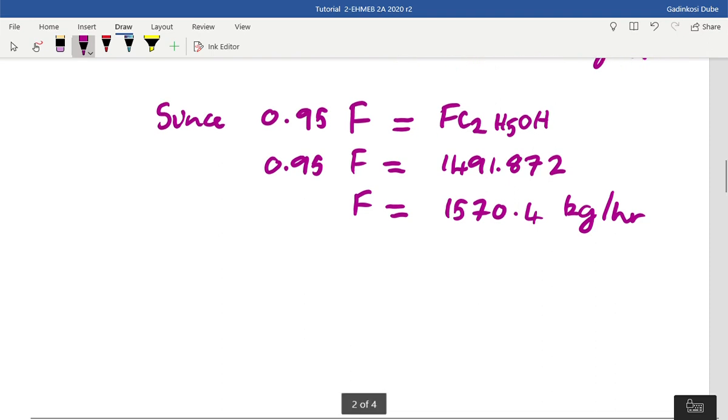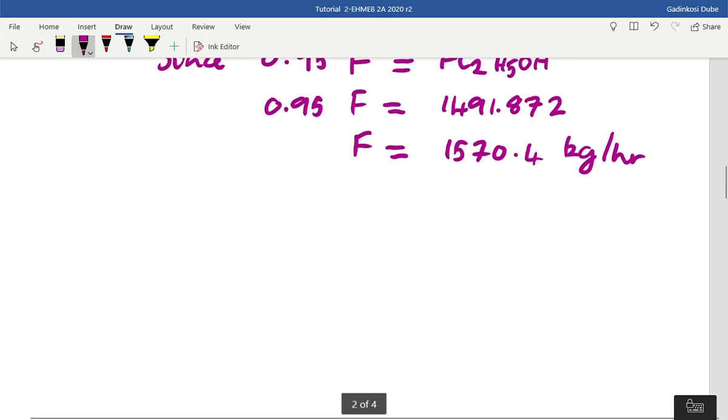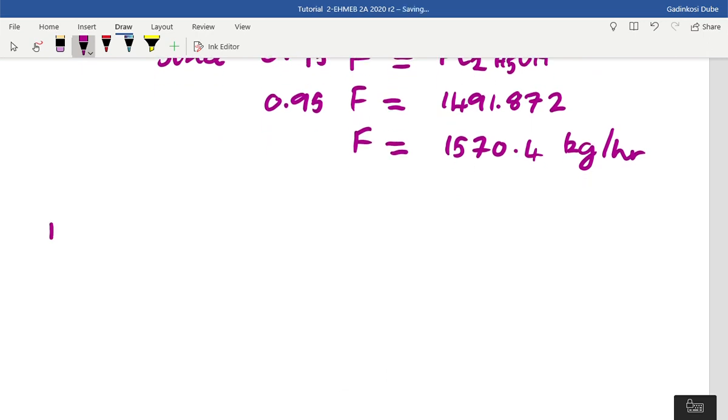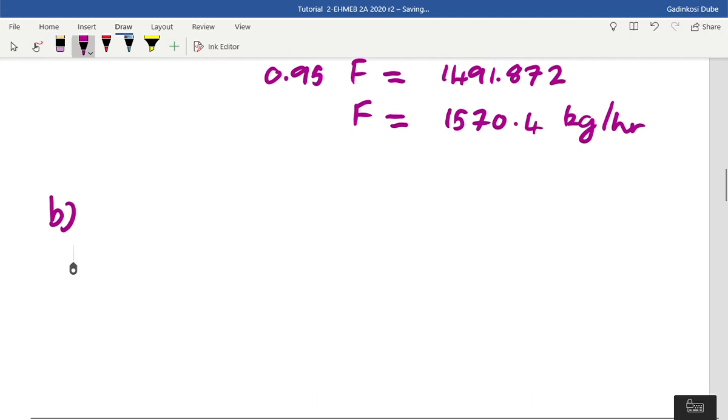So now let's find the recycle stream. Finding the recycle stream is easy because we've assumed an overall conversion of 100%.